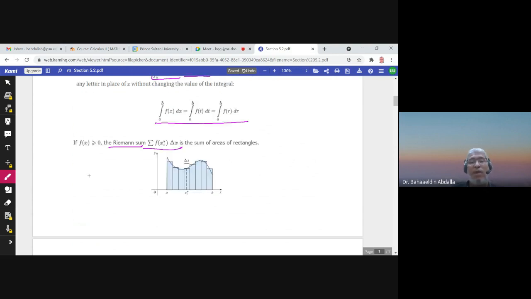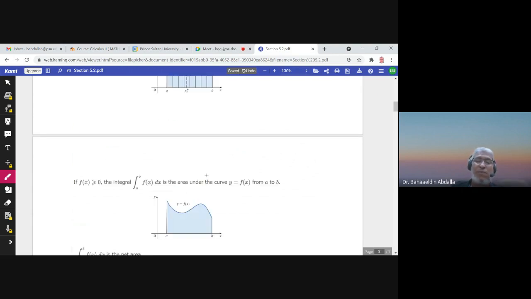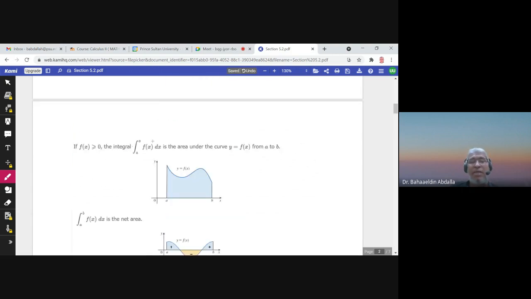Now, if f of x is positive, then the Riemann sum will give you the sum of areas of these rectangles, and the definite integral would be the area under the curve from a to b. This is when f of x is greater than 0.